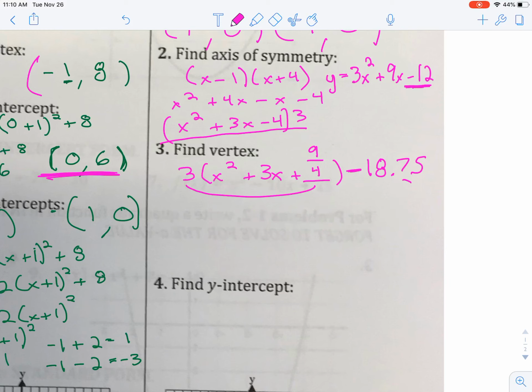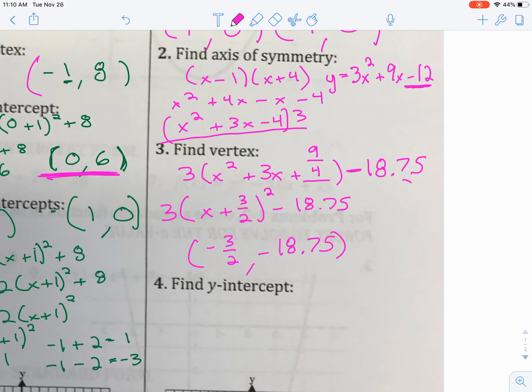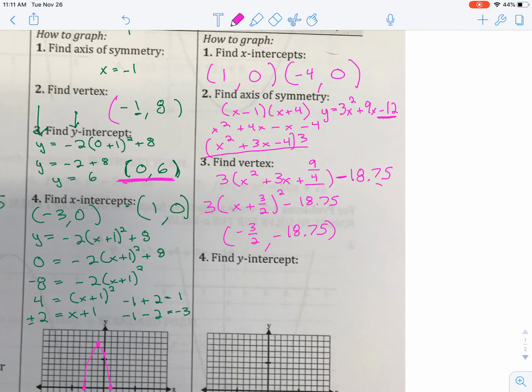Okay, so the vertex, we're almost there. 3, then we're going to have x plus half of 3 squared minus 18.75, making our vertex negative 3 over 2, comma, negative 18.75. Not a very pretty vertex on that problem.